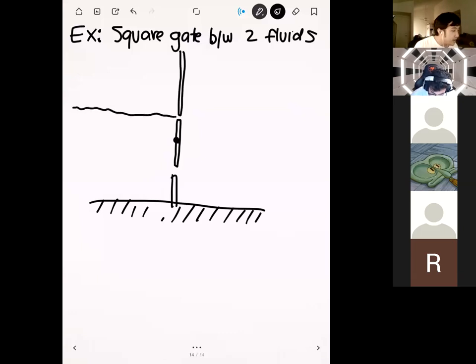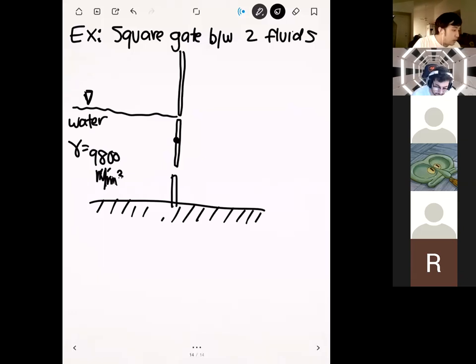On the left-hand side of this gate, we have water, and the specific weight of this is 9,800 newtons per meter cubed.